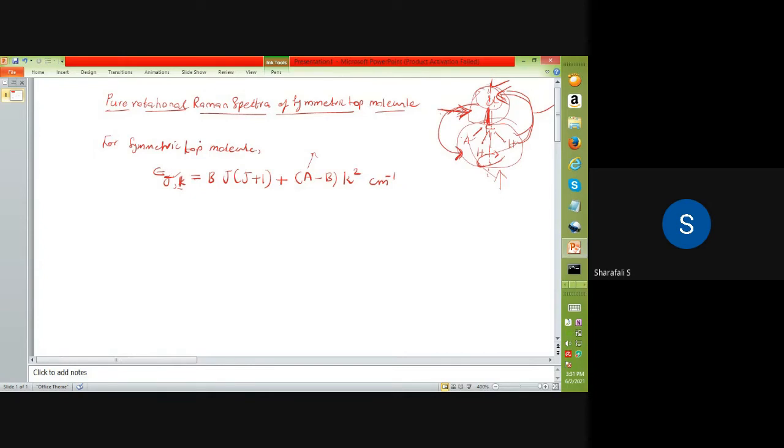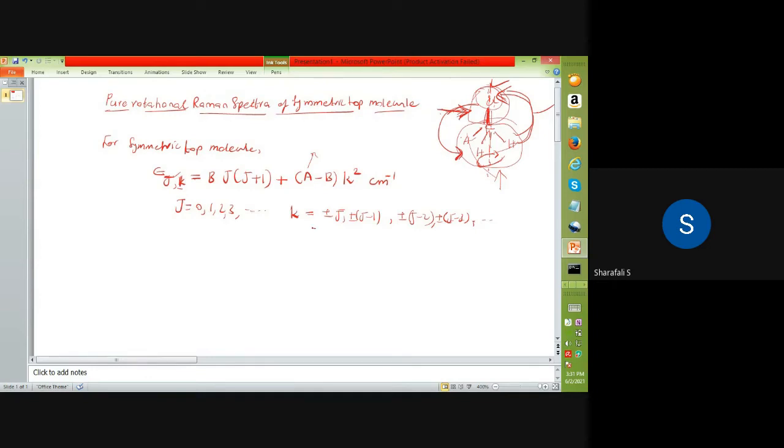So we check that in microwave spectroscopy. We already discussed it. And here the quantum number J can take values 0, 1, 2, 3, etc., as you know. And the K quantum number can take values plus or minus J, then plus or minus J minus 1, then plus or minus J minus 2, and so on.